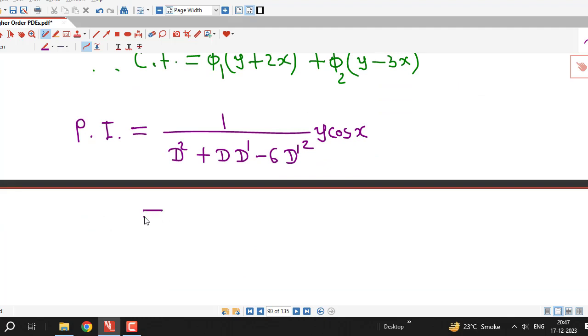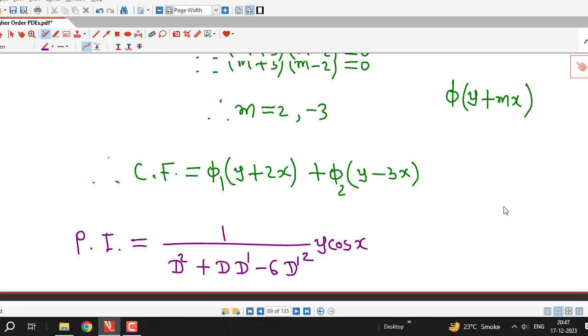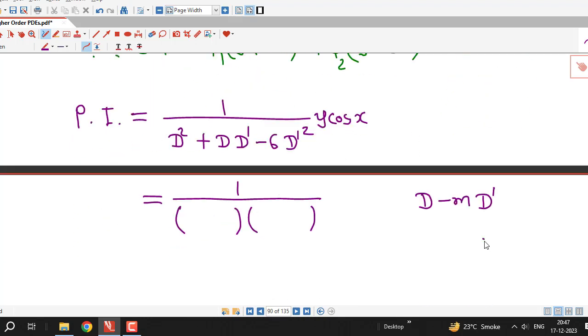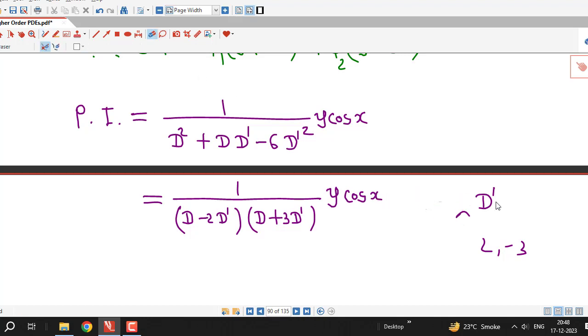Now because this is a homogeneous function of D and D dash, we can write it as the product of two linear factors of the form D minus m D dash, and the values of m are 2 and minus 3. So suppose for m equal to 2, I have D minus 2 D dash, and for m equal to minus 3 I will have D plus 3 D dash. This we have to operate on y cos x. Now we will use that formula which we have to remember.